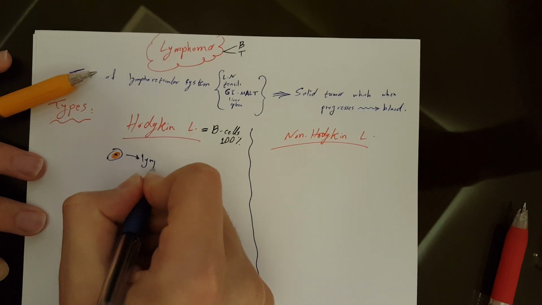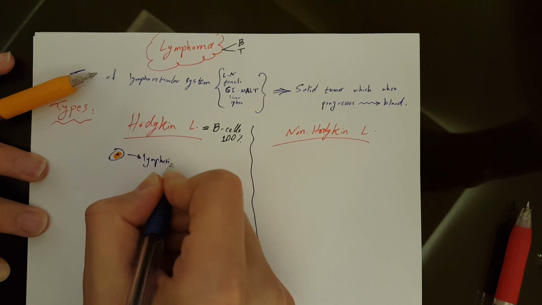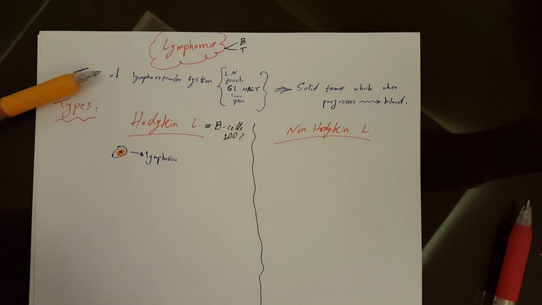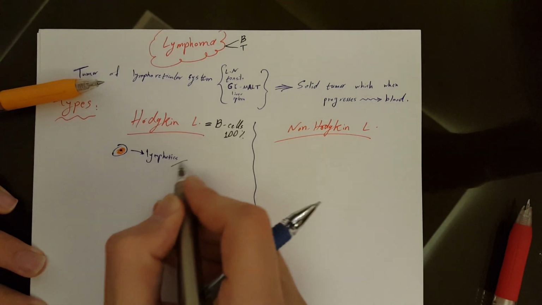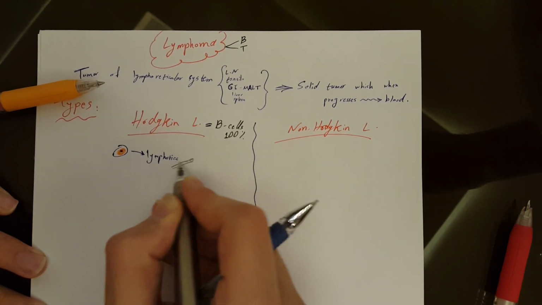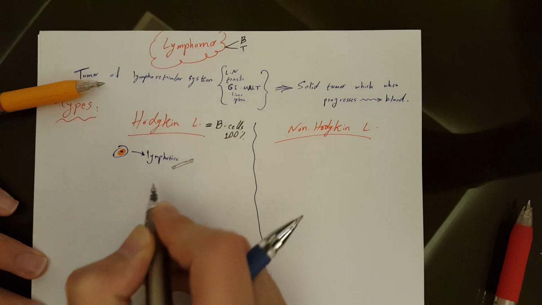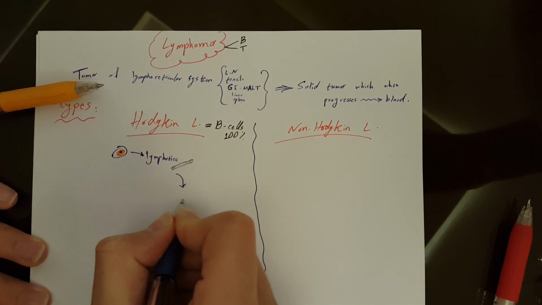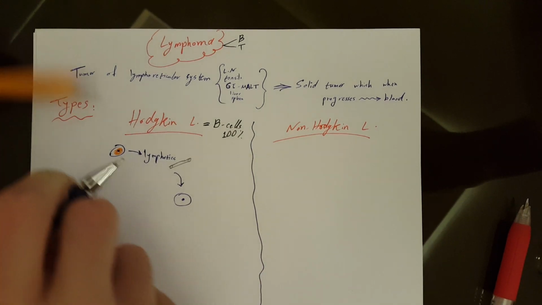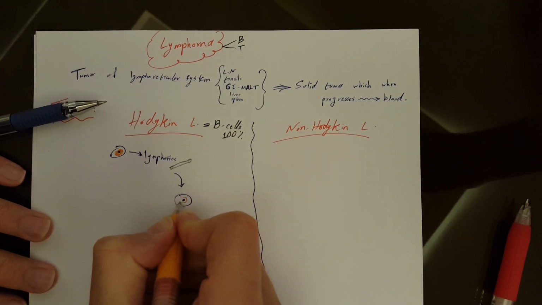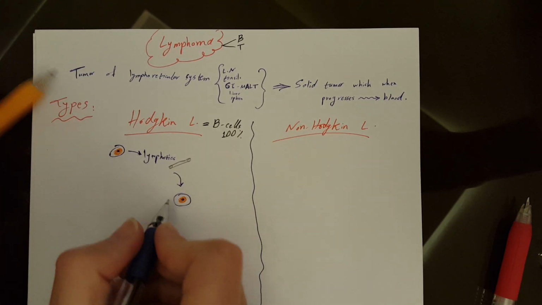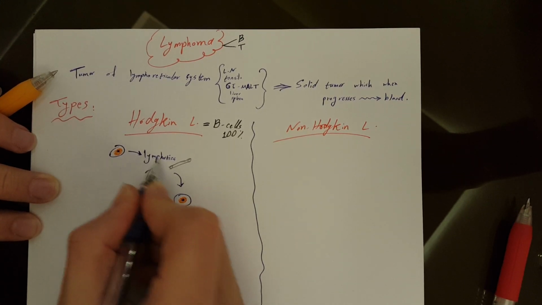And then it goes to lymphatics, or to vessels, so then the second step, it spreads to lymphatics, and then from lymphatics, goes and spreads to other lymph nodes, to the neighboring lymph nodes. So you see this one has a pattern, and then again to lymphatics and to lymph nodes.